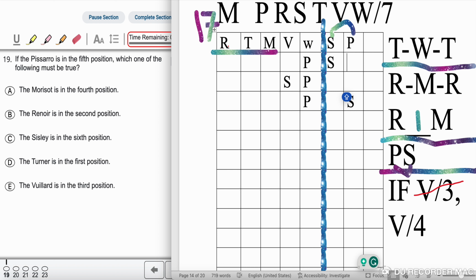I'm going to put W here. I'm going to put V here. Now I'm going to do this little coin mirror. For those that don't know what a coin mirror is, I'm going to write it down. I came up with this phrase.